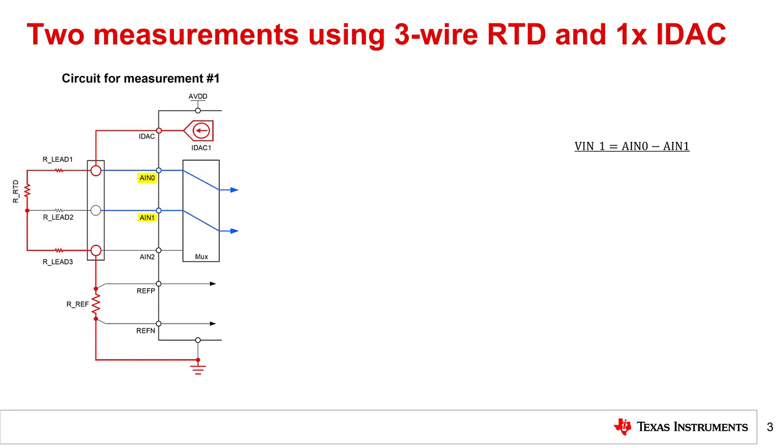Measurement 1 is taken between inputs AN0 and AN1, which is highlighted in blue. Using Kirchhoff's voltage law, the measured voltage, VN1, is the difference between the voltage seen at AN0 and AN1. VN1 is given as V lead 1 plus V RTD, which is the sum of the voltages across R lead 1 and the RTD respectively.